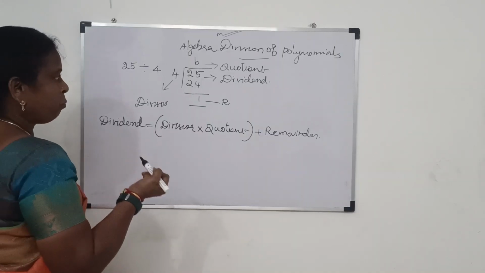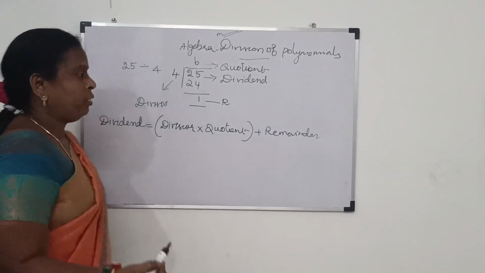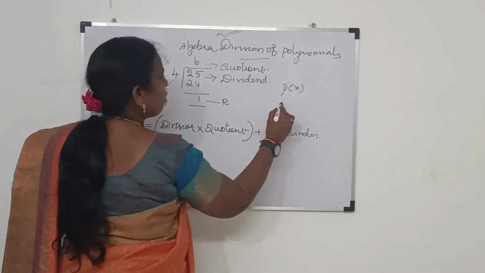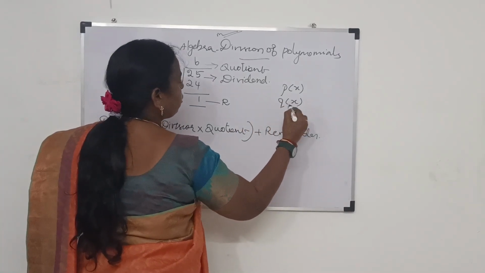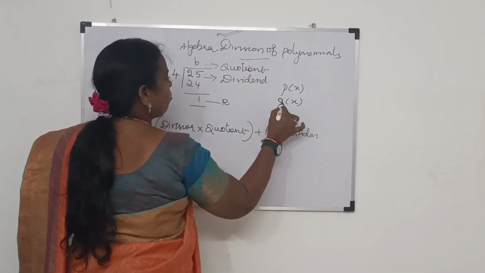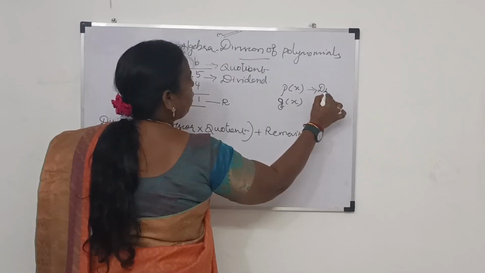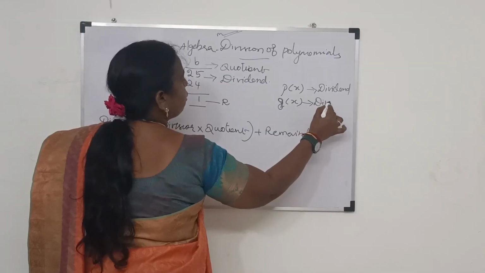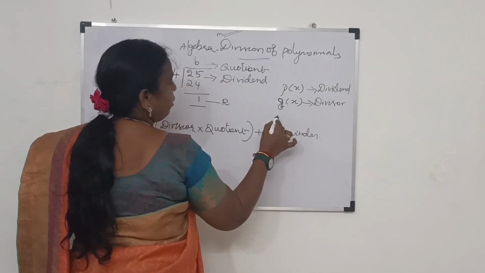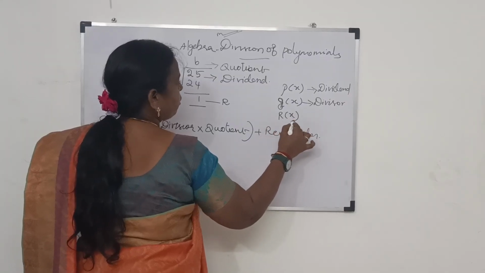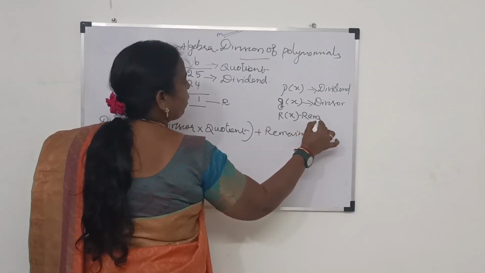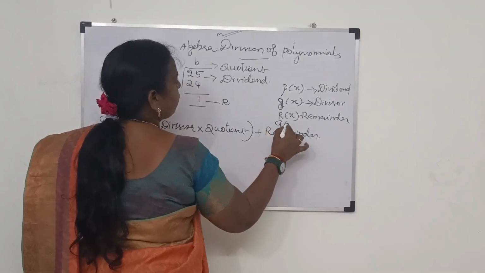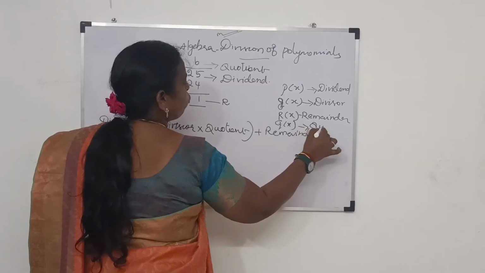Suppose instead of numbers, we take polynomials, p of x, g of x. This is the dividend, this is the divisor, and r of x is the remainder, and q of x, let us take this as the quotient.